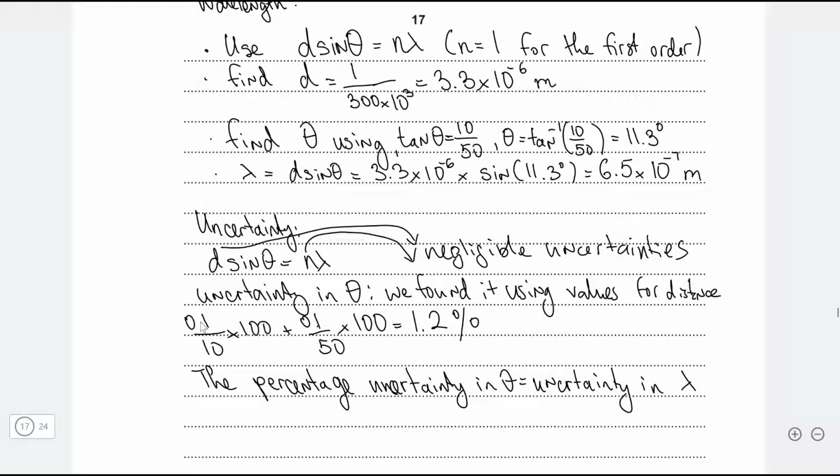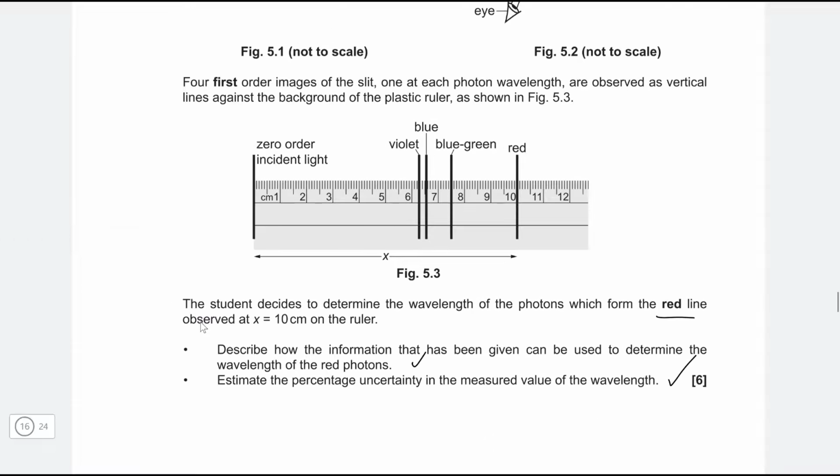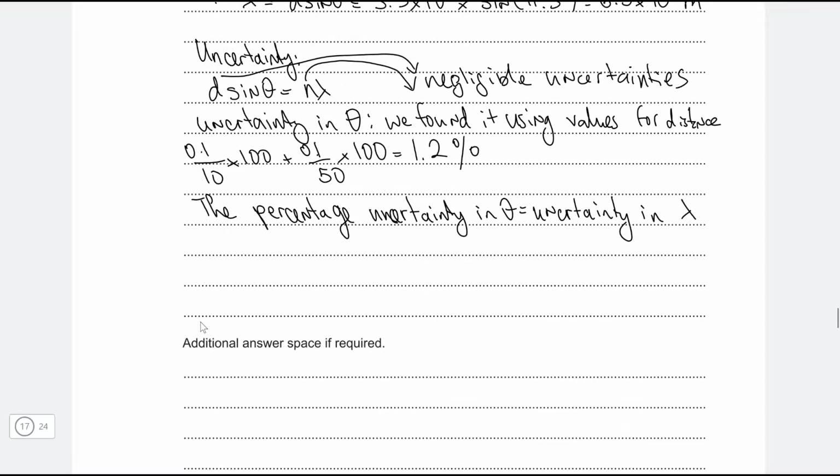0.1 centimeter. So what I've done is I've assumed that my absolute uncertainty is 1 millimeter. So maybe I'm just going to write this over here on the side. Once again, this will probably not add to you guys scoring any marks, but it will help you with your understanding. So what I've done in my solution is that I've assumed that my absolute uncertainty, which I'm calling AU, is plus or minus 1 millimeter.